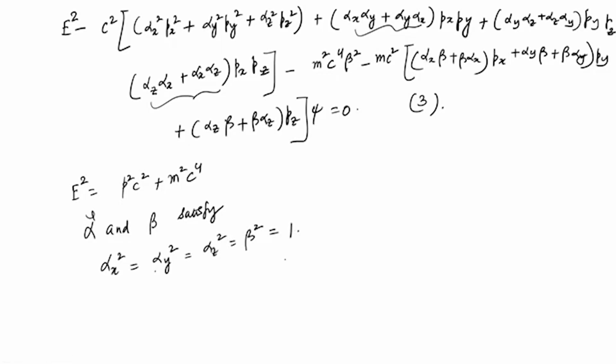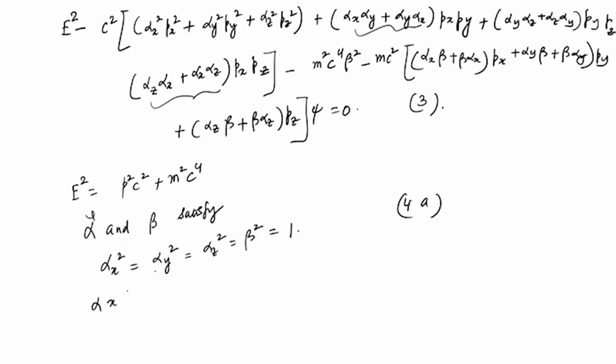So, that gives that all these quantities, alpha x, alpha y, alpha z, square up to unity, each one of them individually. Let us call this 4a.